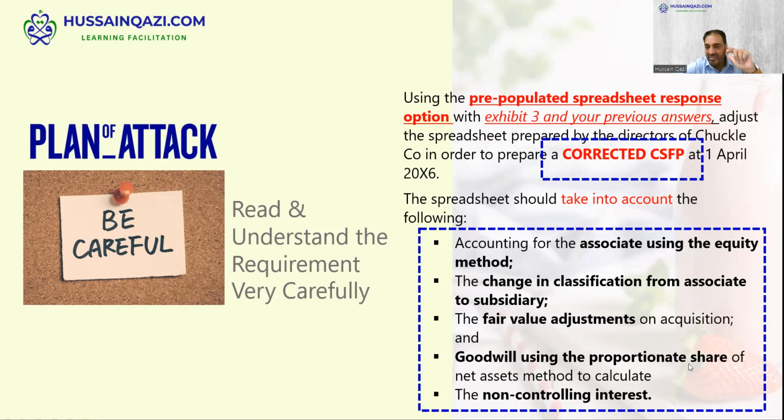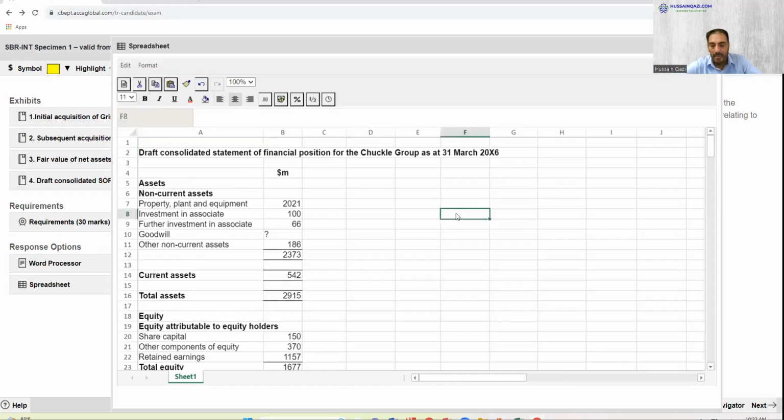There are 5 errors that you need to adjust, or some missing figures you need to incorporate. So the second point is that you have to develop your mindset of how you will make the adjustments.